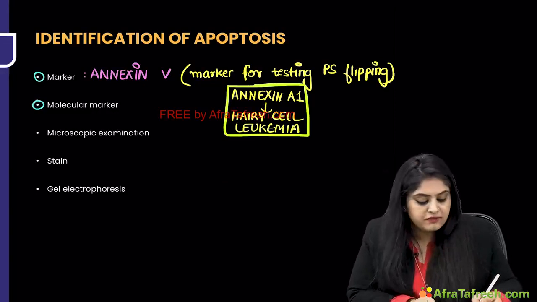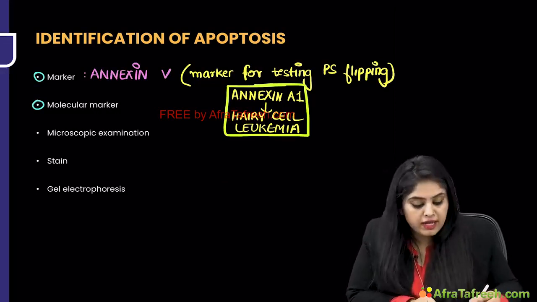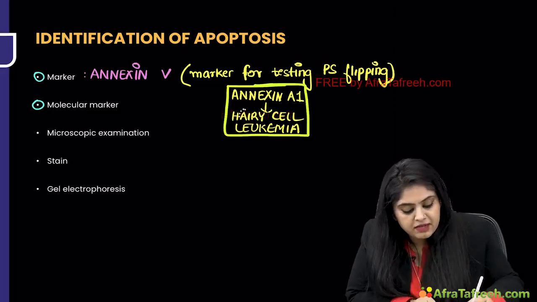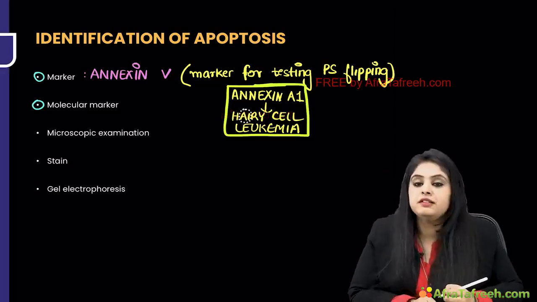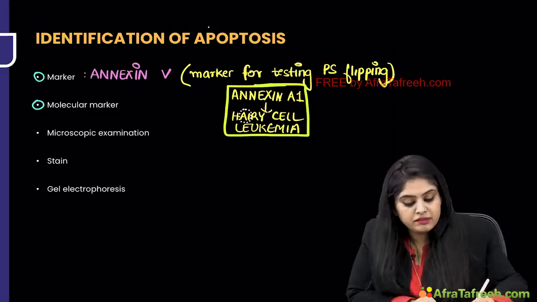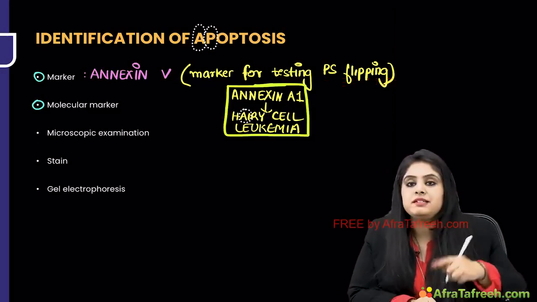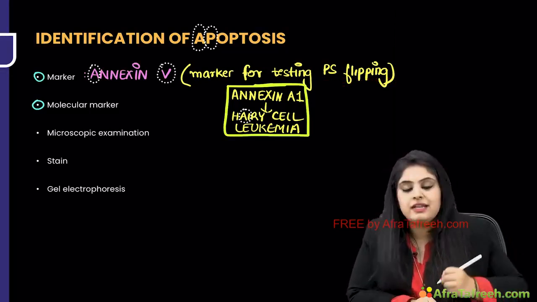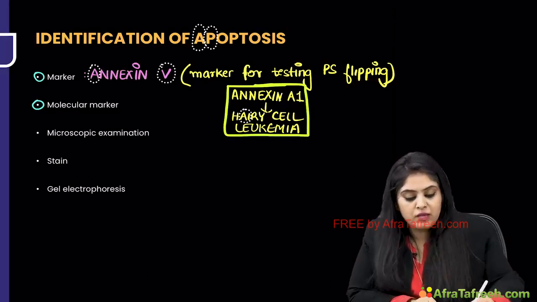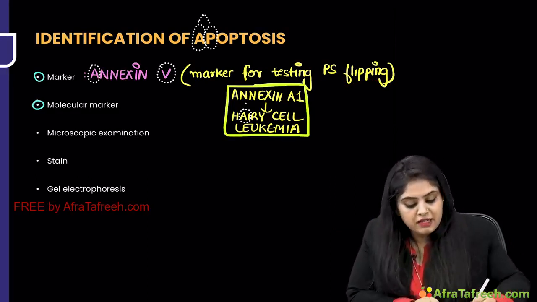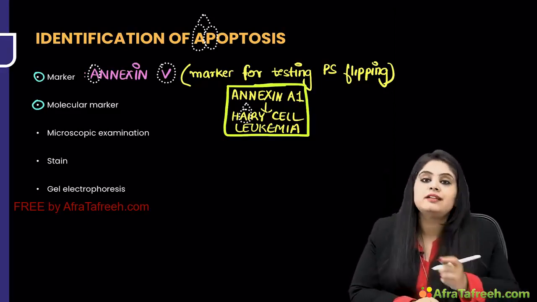I'll tell you. See, when we say hairy, the way you write, it has A1 inside it, AI. So that is how I learned it, that hairy cell leukemia is A1. And apoptosis is AP, that is annexin 5, annexin penta. That is how I learn it. So A and P, annexin penta for apoptosis, and hairy cell leukemia has A and 1, so annexin A1 for hairy cell leukemia.